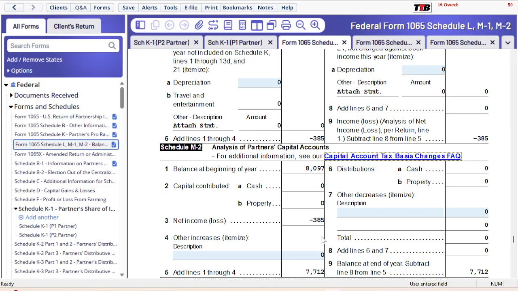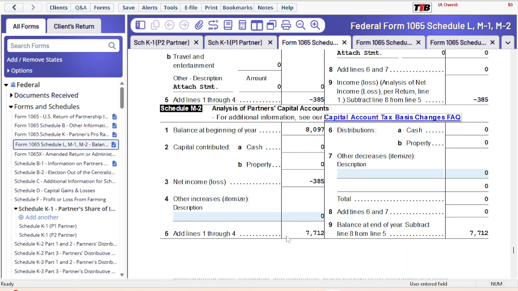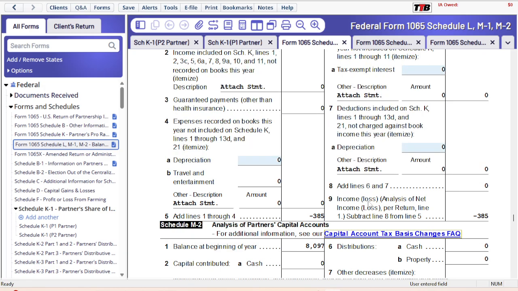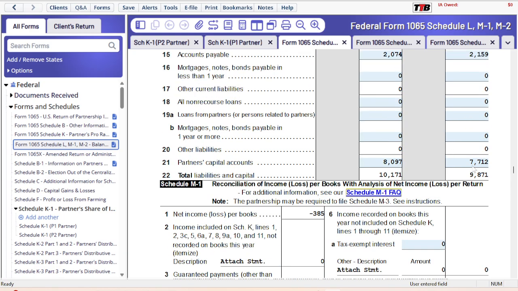Net income is from 1065, the profit or loss came here as well as a negative amount, and any other increase will go there, and the total is 7712, as what we have here, ending balance.